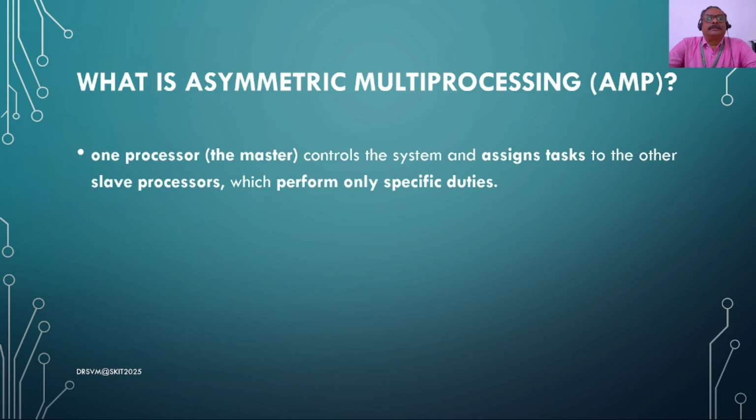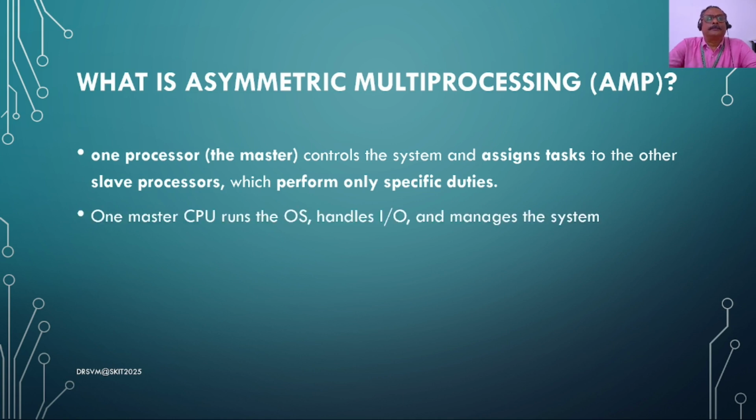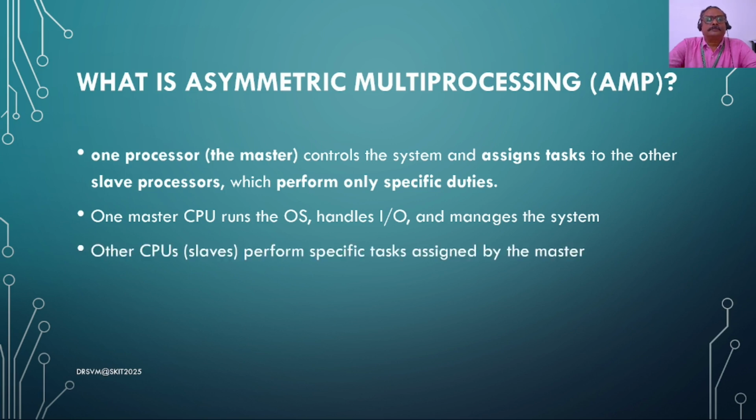The processor which is controlling we call the master, and others we call the slaves. The slaves will perform all the duties that is assigned by the master. So here one master CPU runs the operating system, handles all the IO and manages the system.